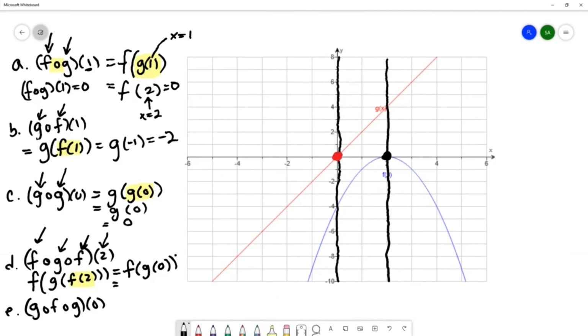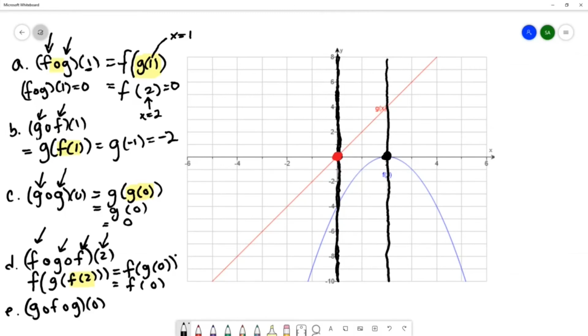So now we need to find g of 0. I've already drawn this vertical line here with an x value of 0. That vertical line crosses the graph of g in this spot here, and that has a y coordinate of 0. So g of 0 is 0.